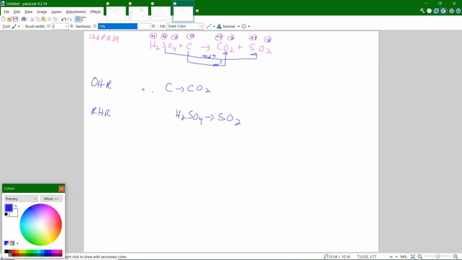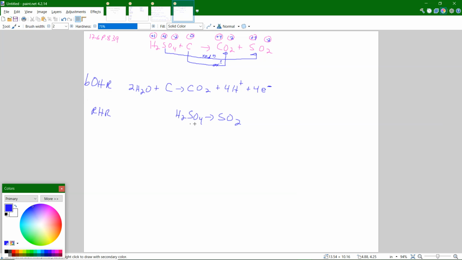I got 2 oxygens there, so I got to put 2 H2Os on the left-hand side, but now I got to put in 4 hydrogen pluses on the right hand side, and I got to balance the electrons, so I'm going to put 4 electrons over here. So that is now balanced.